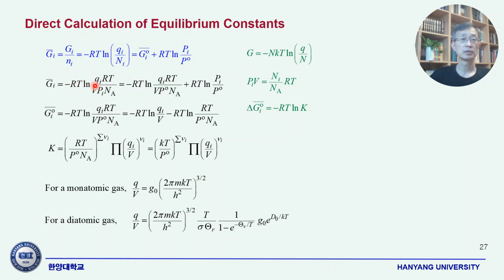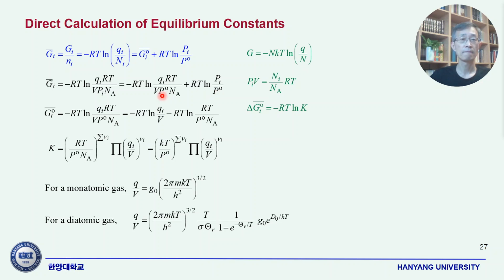So what we are going to use is that N_i RT is P_i V, from the ideal gas equation. So the 1 over N_i is replaced by RT over V P_i N_A, where N_A is Avogadro's number. We then make a separation in this quantity in terms of P naught and P_i over P naught.